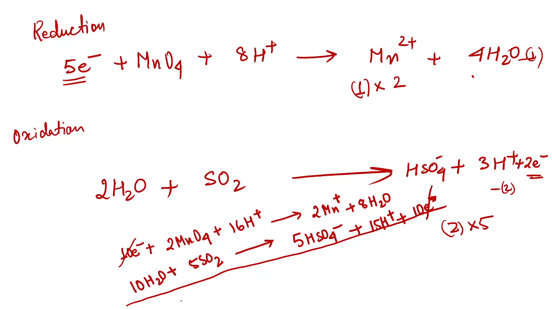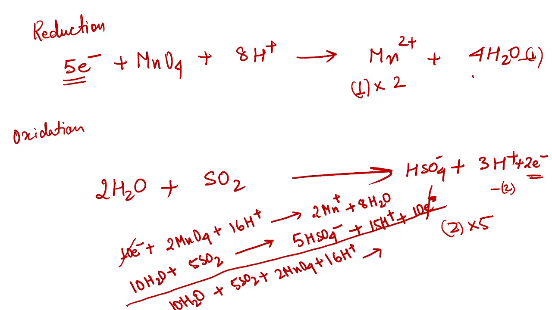Now you see, we will be left with 10 molecules of water plus 5 SO2 plus 2 MnO4 plus 16H positive. These are unlike terms, so I am not adding them, I am just writing them directly below.